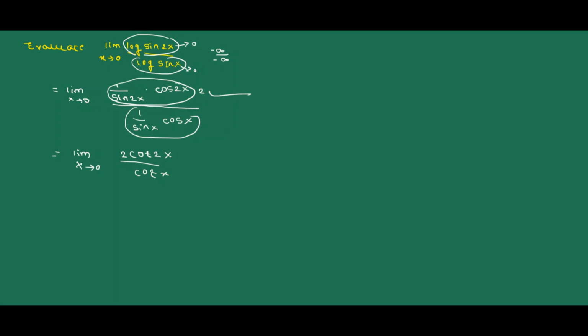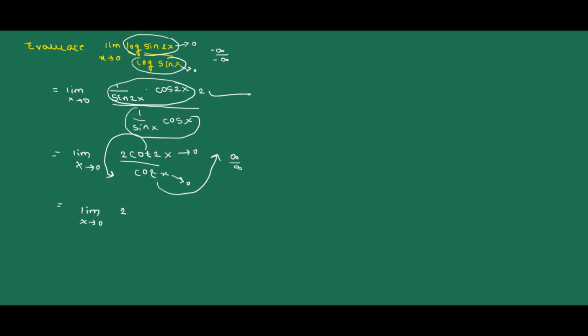If you put x is equal to 0 here and here, again you will get infinity by infinity form. So now I will make an adjustment. Transpose this denominator cot x in numerator, and this cot 2x in denominator. What you will get? That is limit x tends to 0, 2 as it is.